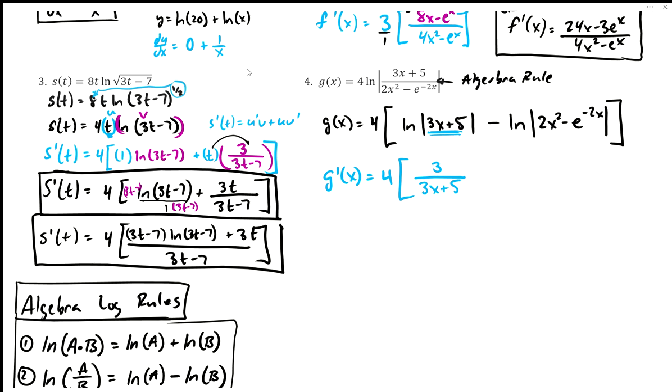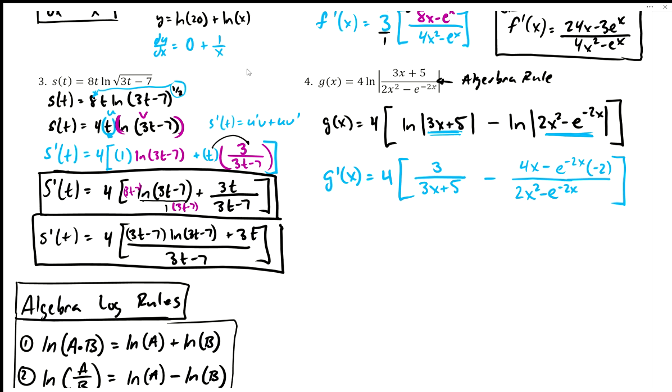And then minus, again, similar thing. It's saying, look at this, put it instantly in the denominator. So 2x squared minus e to the negative 2x. And then do this derivative and put it in the numerator. So the derivative would be 4x. And then minus, remember the derivative of an exponential function is itself. So e to the negative 2x times the derivative of its power, which would be negative 2.